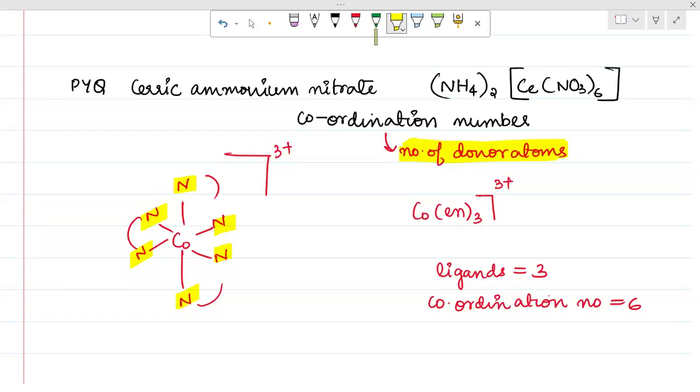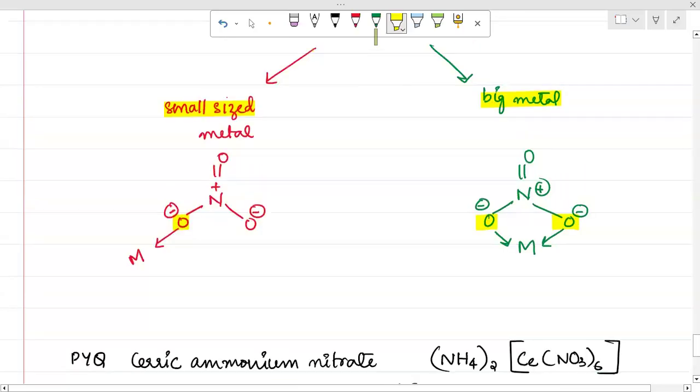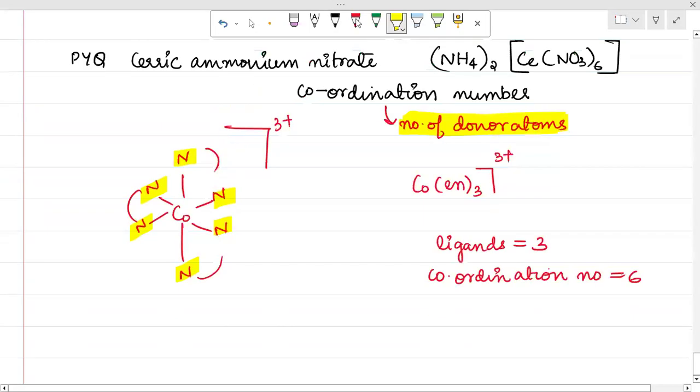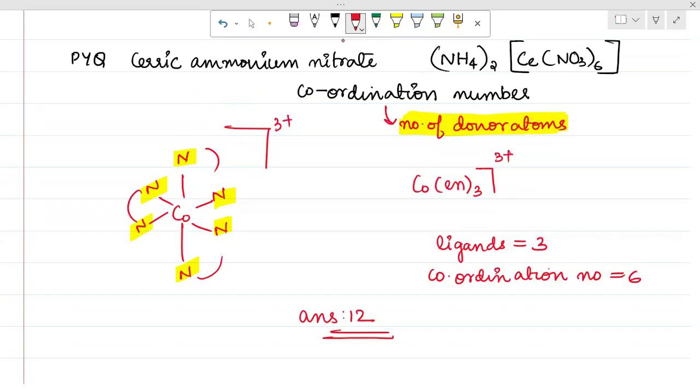Each NO3 has 2 oxygens which can donate electrons. So 6 into 2, 12 is the answer. There will be an option of 6, either because 6 is the number of ligands, or you might think NO3 is a monodentate ligand. It can turn into bidentate with big atoms.